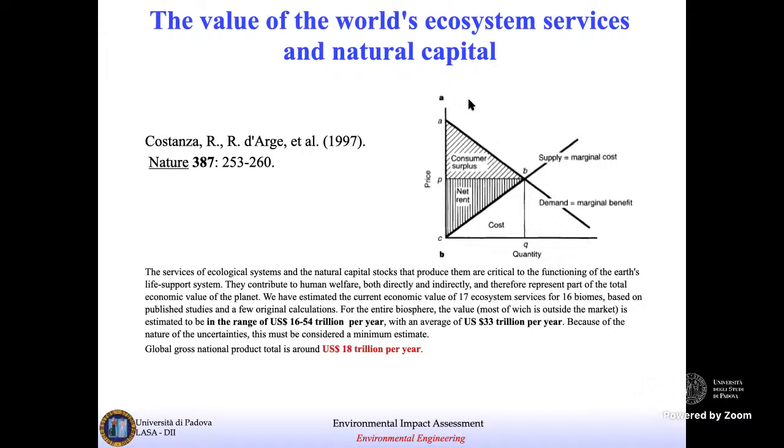These are all ecosystem services that are produced by nature, by ecosystems, on the basis of their natural capital. So the point is reduced to that of evaluating the natural capital.